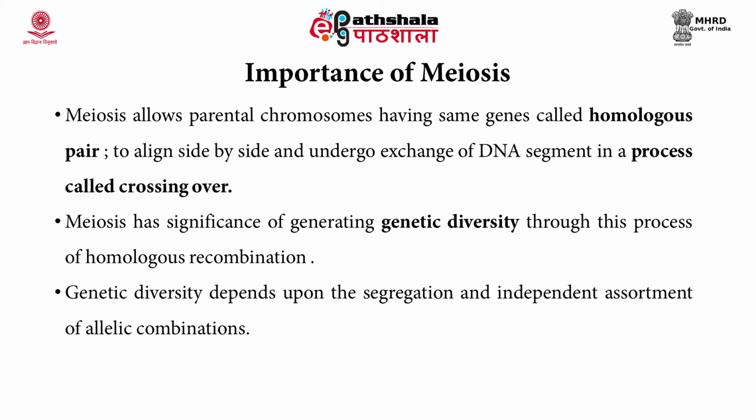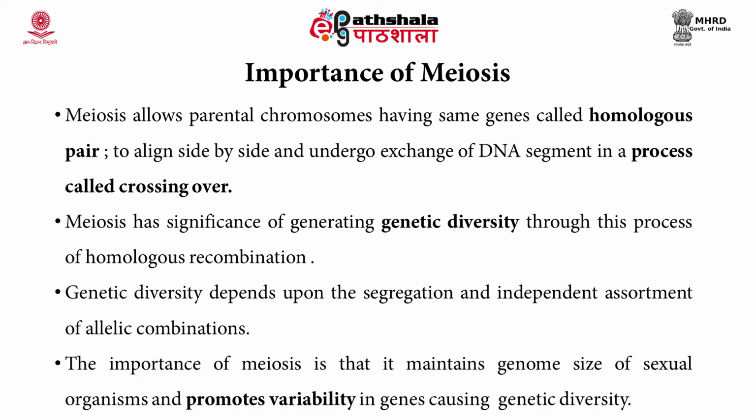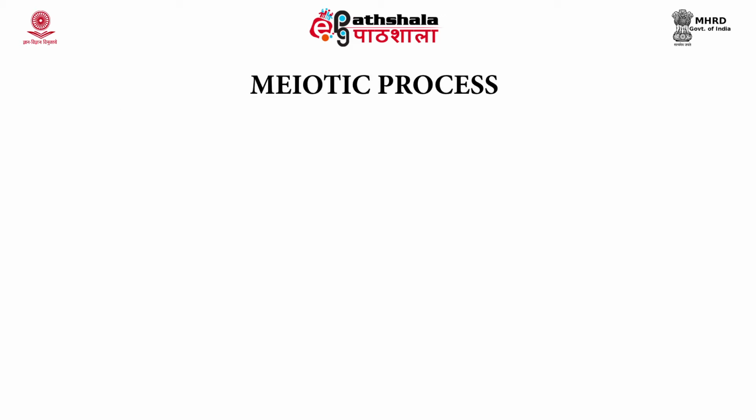Genetic diversity depends upon segregation and independent assortment of allelic combinations. The importance of meiosis is to maintain genome size of sexual organism and to promote variability in genes causing genetic diversity.